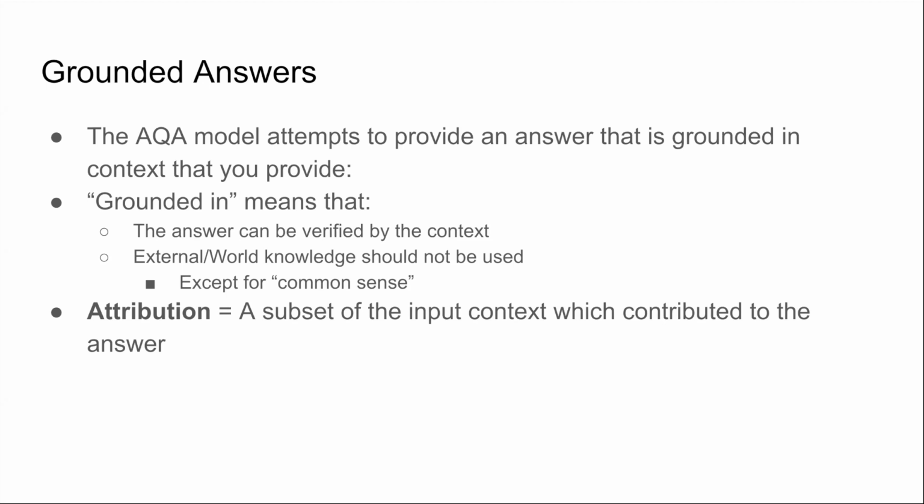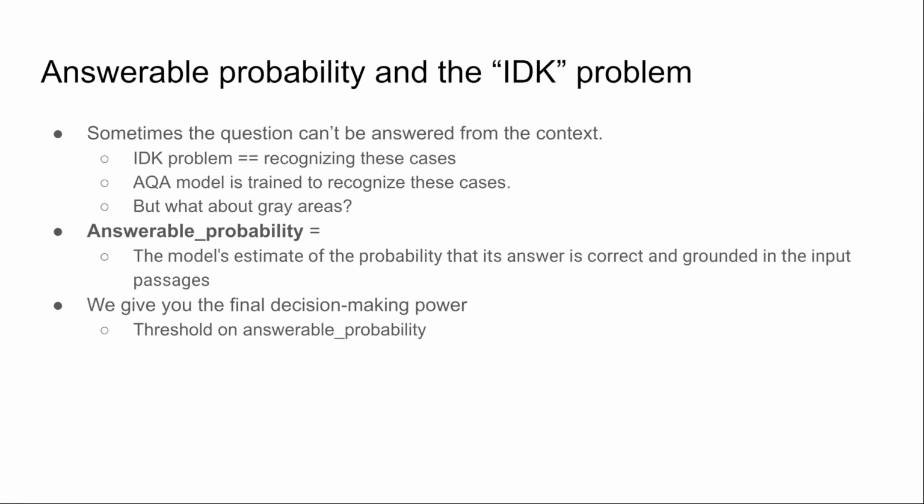It is as important to know in cases where the answers can be grounded, it is equally or perhaps more important to know when the response cannot be generated by the passages provided. And that is why we provide the answerability probability, which solves the I don't know problem.